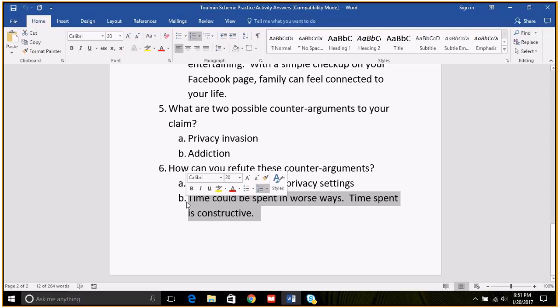So even if you're not trying to argue that, you know what, no way, Facebook's not addictive, that may not be an argument you can make. So instead of trying to argue against Facebook being addictive, you can try to spin it as, you know what, sure, people may spend a lot of time on this, but the time could definitely be spent in worse ways. And the time that people spend on Facebook, it's actually productive time. It's informing them about their loved ones. It's informing them about friends. And that's all important in the human condition. I mean, you could really spin it positively.